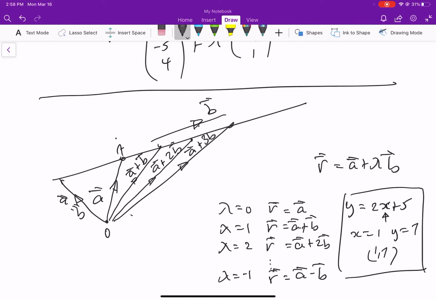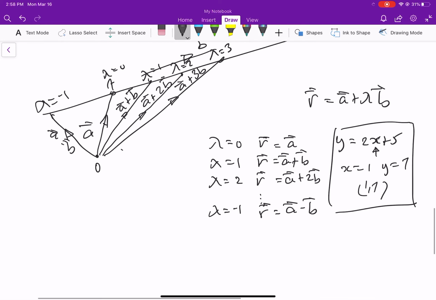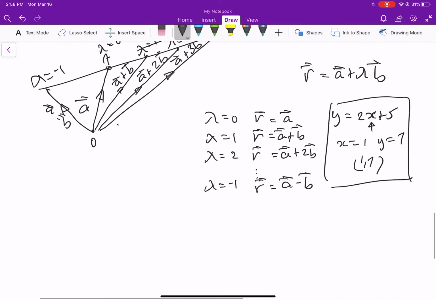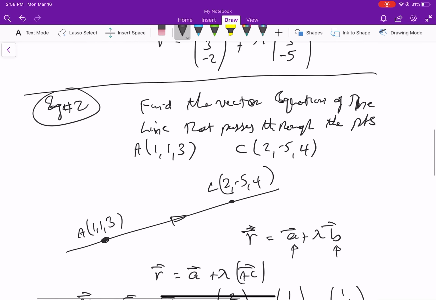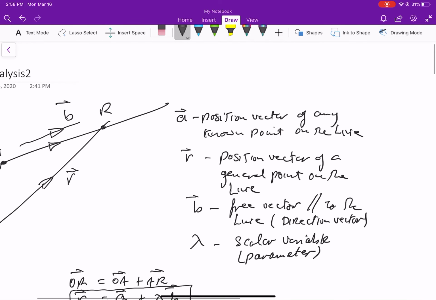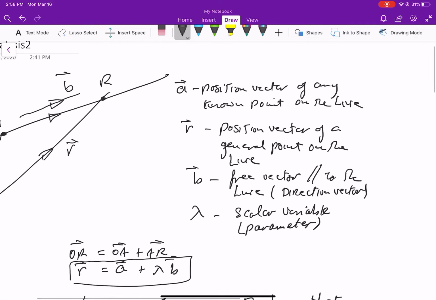So this is lambda equals 0, lambda equal 1, lambda equal 2, lambda equal 3, lambda equal minus 1. Different values of lambda will give you the position vectors for different points along that line. So that's the one way you should think about the vector equation of a line. Well, that's pretty straightforward stuff.